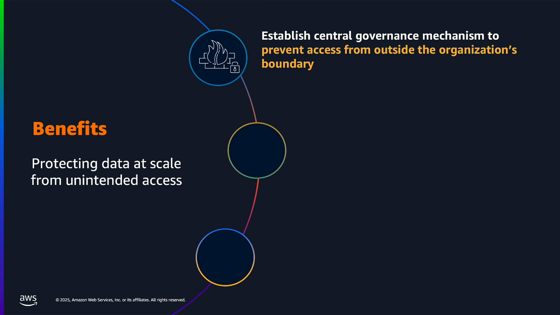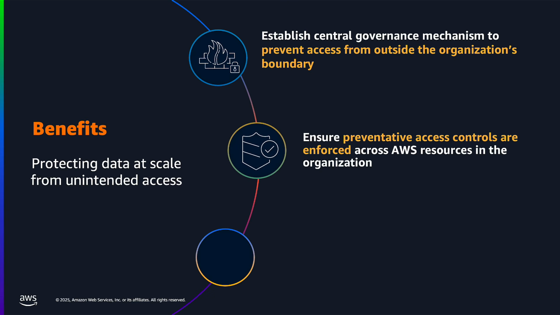RCPs provide a centralized governance mechanism for security teams so that access to AWS resources conforms to your organization's access control guidelines. Next, customers can enforce consistent access control on resources in their AWS organization and at scale.